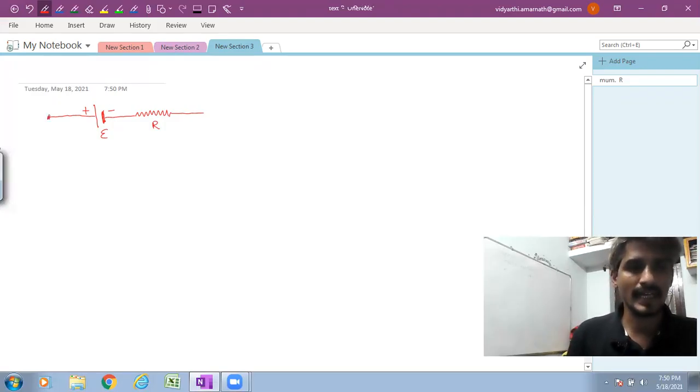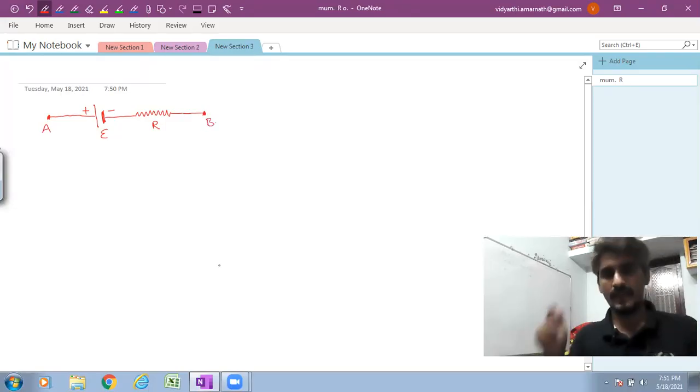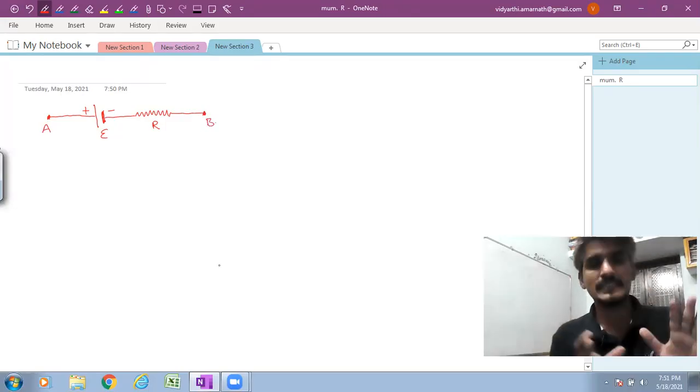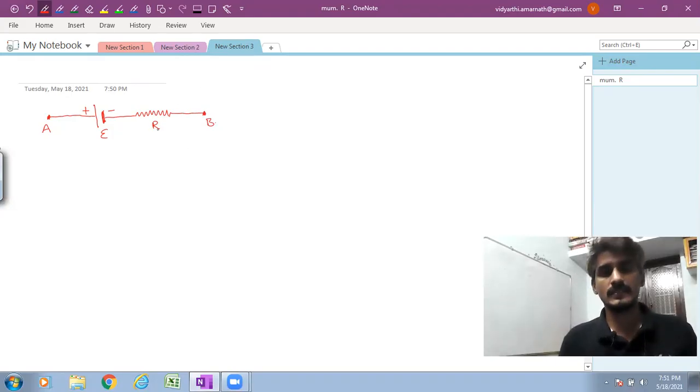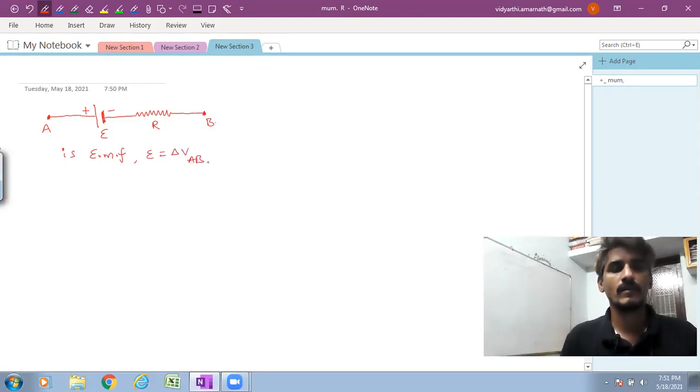Now, when a wire is like this, at the two ends of this wire, let us take this end as A and this end as B. Assume that the resistance is R. Then the question is, is EMF E equal to delta V across AB?